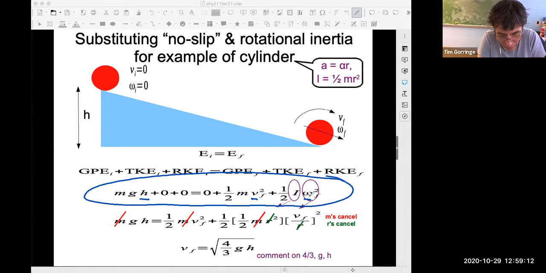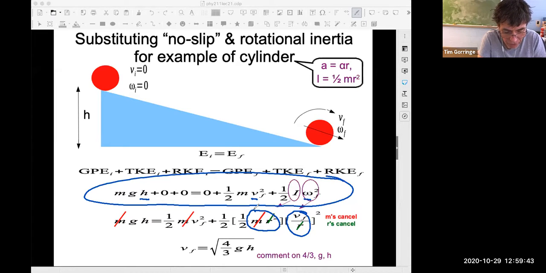I'm going to replace omega f, the final angular speed, with vf, the final linear speed. Omega f is vf over r. So that's one thing I'm doing here. And the other thing I'm doing is replacing this moment of inertia of the cylinder. I'm going to write it in terms of its mass and its radius.